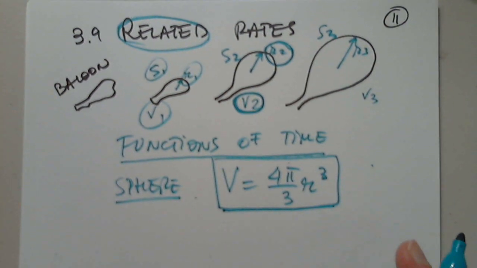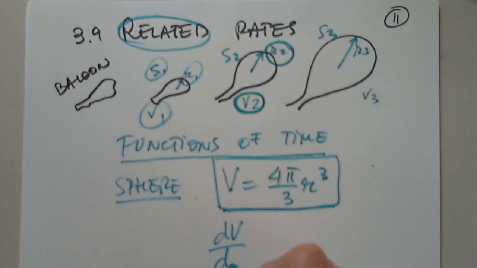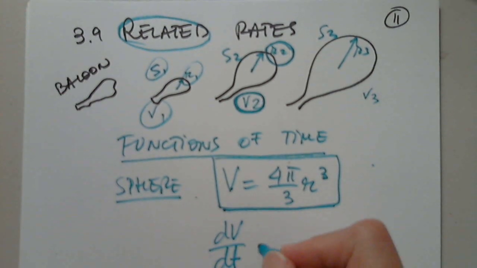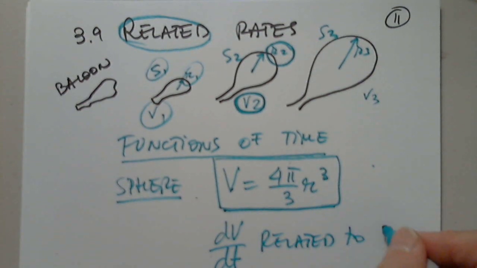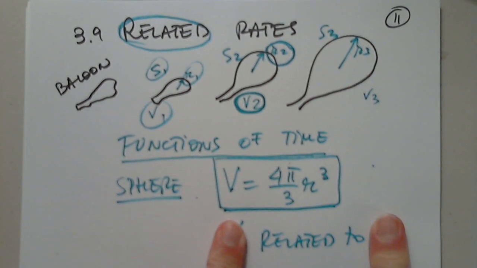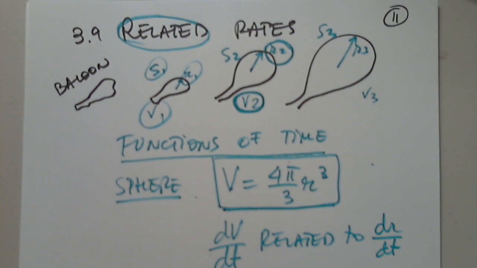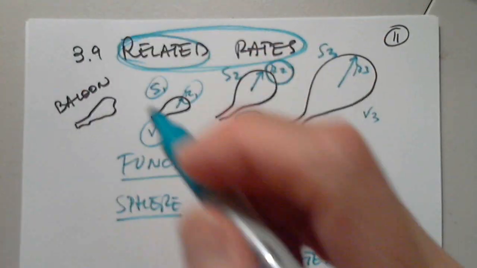What happens is the rate of change of volume with respect to time will be related to the rate of change of radius with respect to time. Why? Because these two functions are related via this equation. Their rates of change, their derivatives, will also be related by an equation. Not this one, a different one. So that's why we call them related rates.